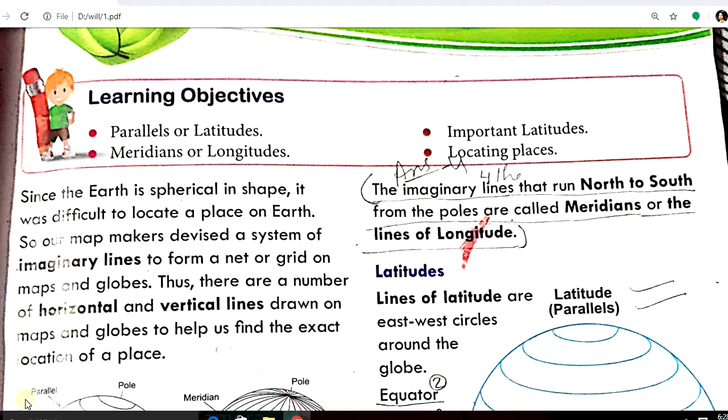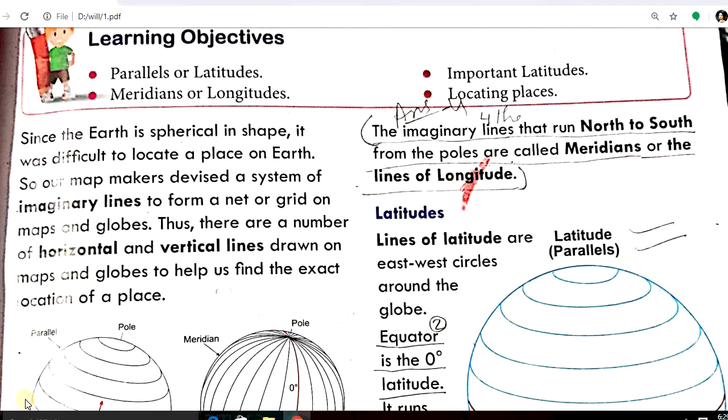Thus there are a number of horizontal and vertical lines drawn on maps and globes to help us find the exact location of a place. इसलिए बहुत सारी हॉरिजेंटल और वर्टिकल लाइंस मैप और ग्लोब्स में ड्रॉ की हुई हैं, जिससे हम एग्जैक्ट लोकेशन फाइंड कर सकते हैं.